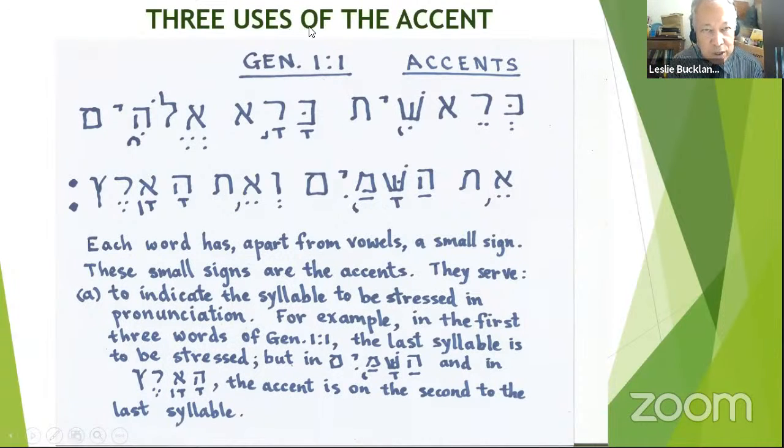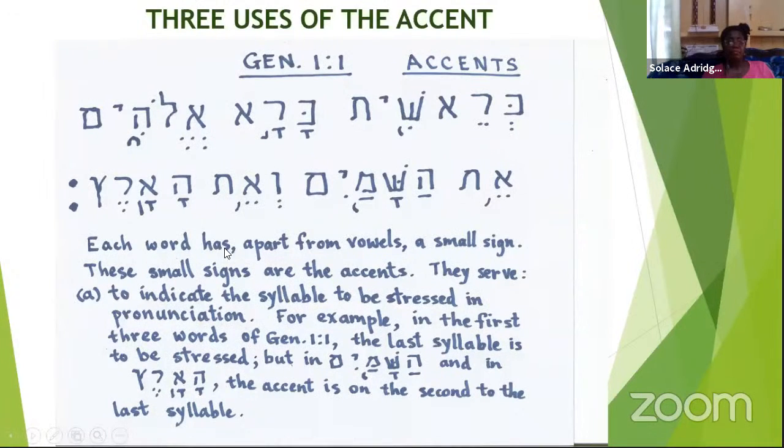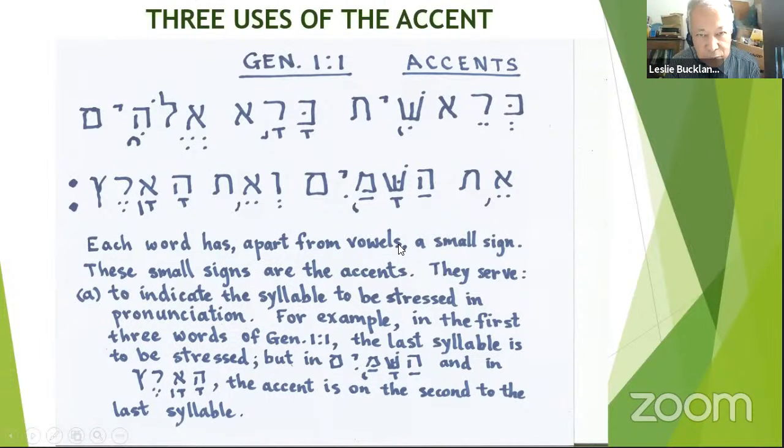Now, let us look in more detail at three uses of the accent. What I just did was to show you the different shapes of the accents that are in the Hebrew Bible, just in the very first verse of the Bible. Now, each word has, apart from vowels, a small sign.